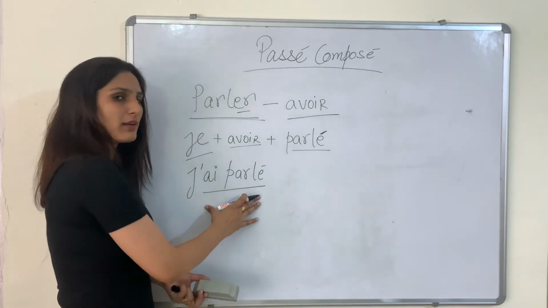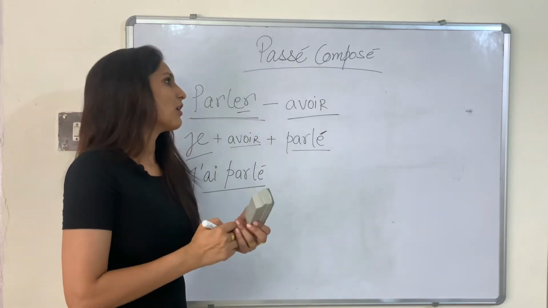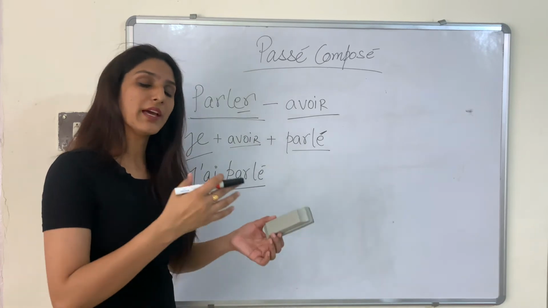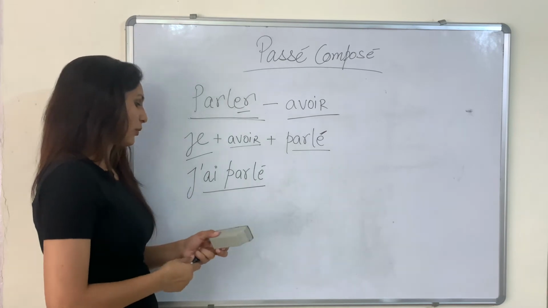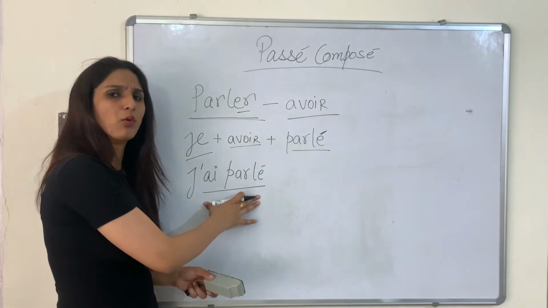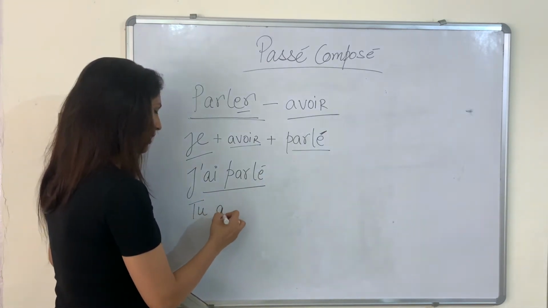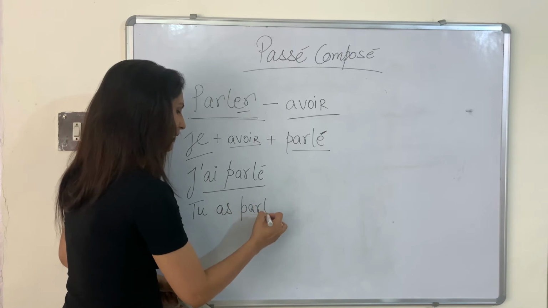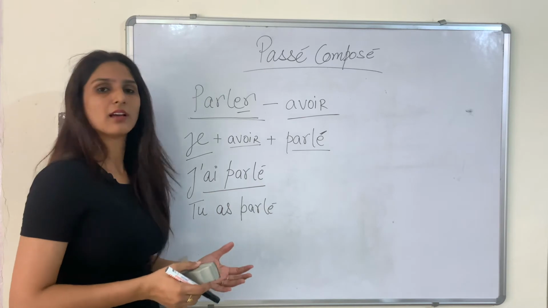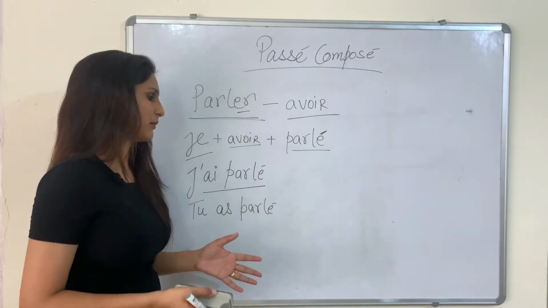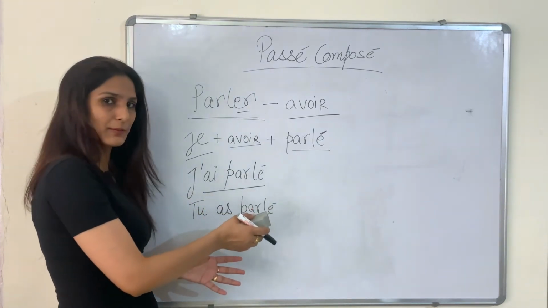This is a simple tense, because there is one more tense known as plus-que-parfait. There you will say I had spoken, but over here it is just simple I spoke. That's it. I spoke. Tu as parlé. You might understand it as you have spoken, it's okay, fine, but you should literally understand what you are writing.